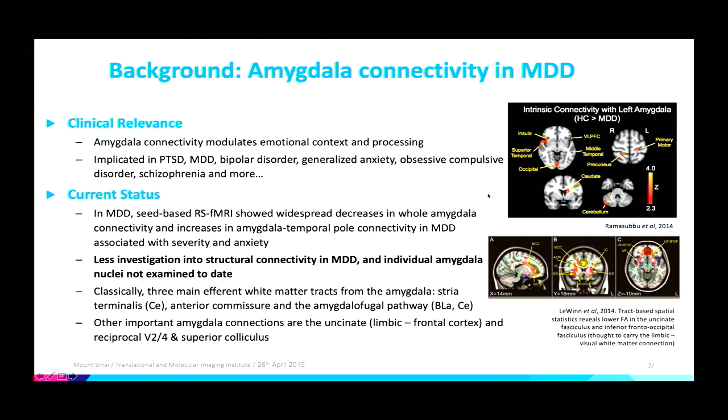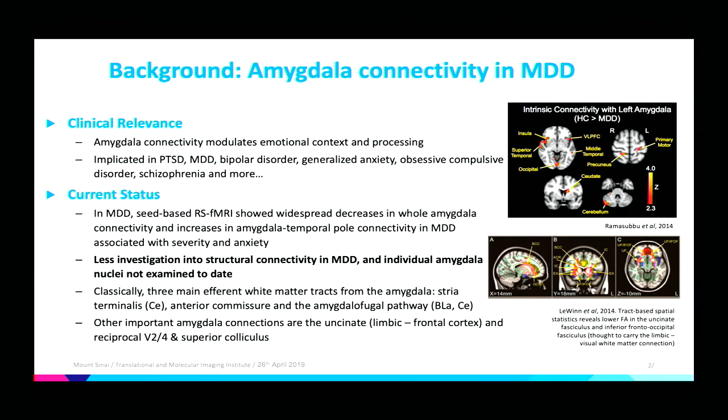The other important white matter connections for the amygdala are the uncinate, which is the main connection between the limbic lobe and the frontal cortex. This is a late developing tract, and it's pretty susceptible to psychiatric illness, probably for that reason. And it's more involved in self-awareness and declarative memory.